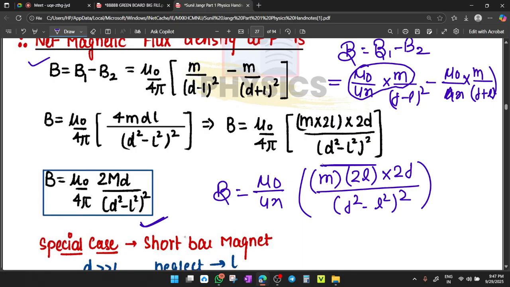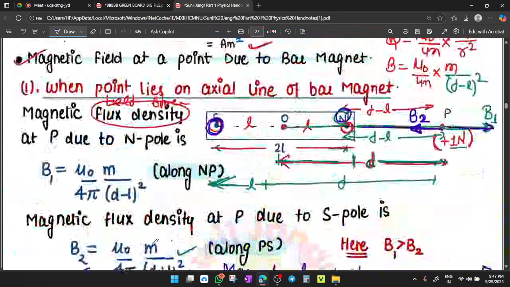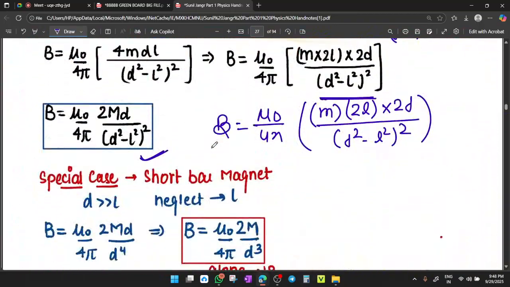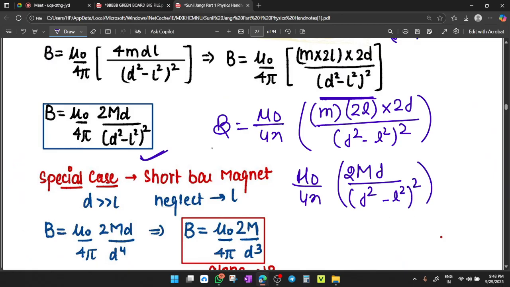Now small m into 2l is what? It is equal to the magnetic dipole moment. So in place of small m into 2l, you can place capital M. So B equals mu naught upon 4 pi, 2Md upon (d square minus l square) whole square.